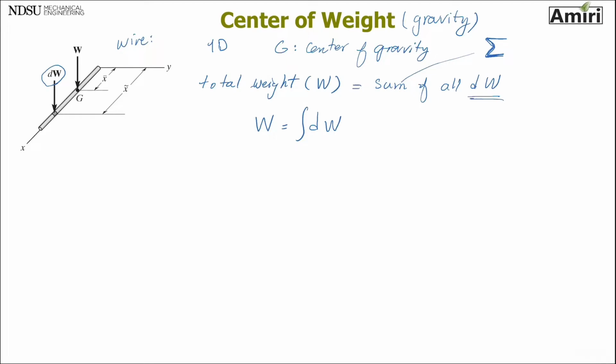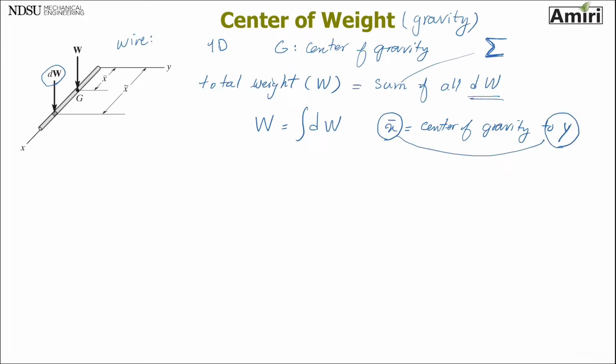Now let's look at the moment. Well, before that, let me explain what x bar and x tilde are. x bar is the location, or the distance, of G to the y-axis, or center of gravity to the y-axis. And right away, I want you to pay attention to something: it's x bar, its distance to y.